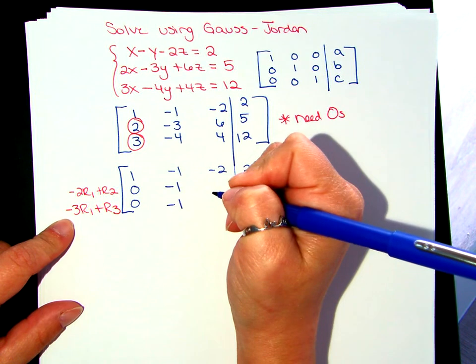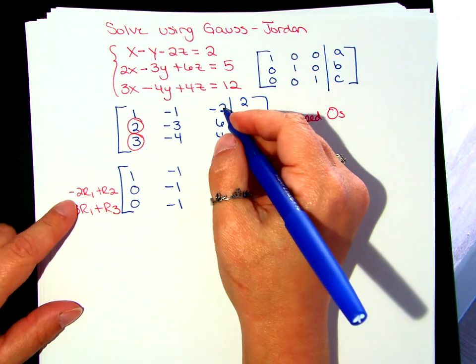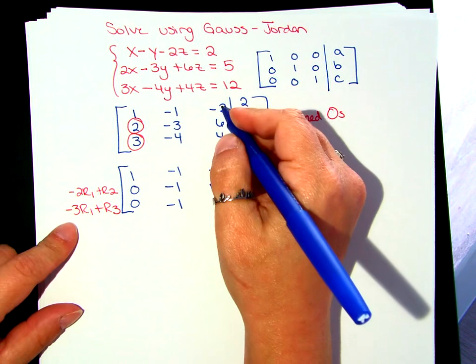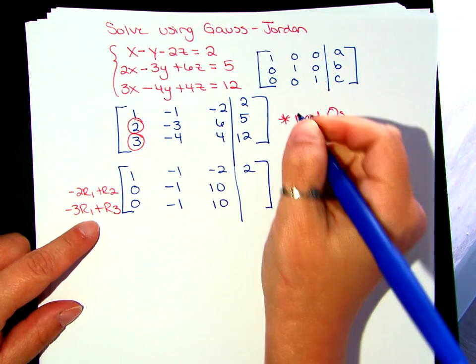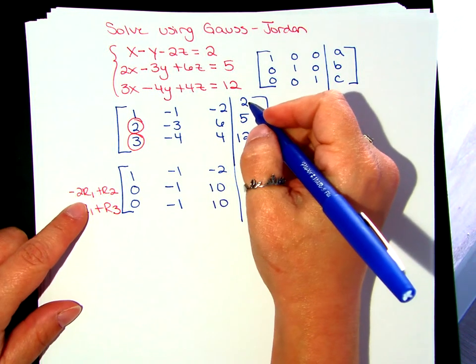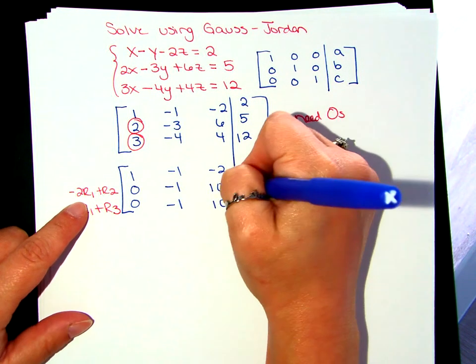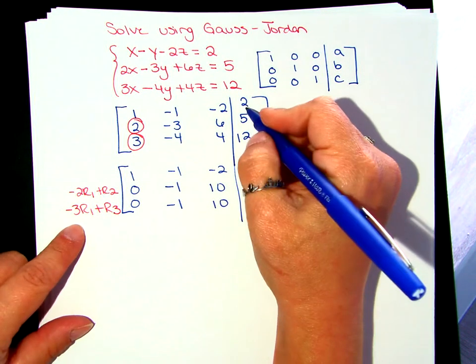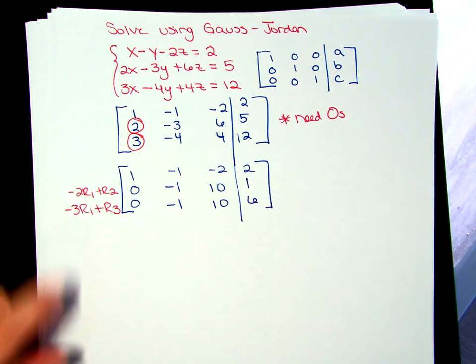We get a bunch of -1s. Yep. 4, 10, 6, 10. -4, 1, 6, 6.